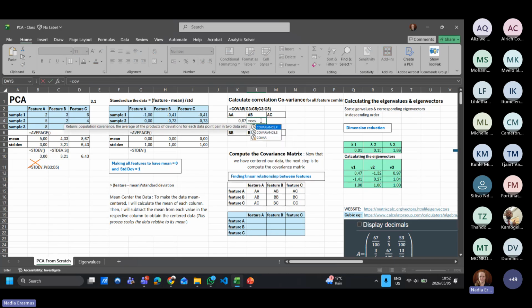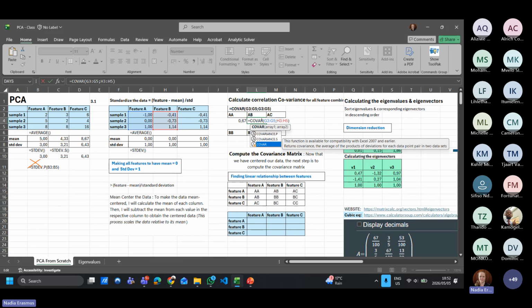Then we have the covariance.S of feature A and feature B. Let me just check this one. I just used the covariance. If I substitute it in, it's not giving me the same answer. So I want you guys to use the covariance and not the covariance.S. There we go. And it's A and B.